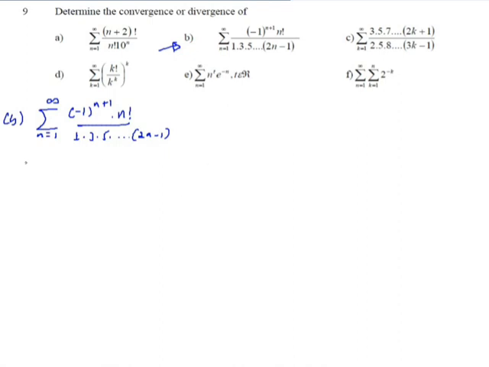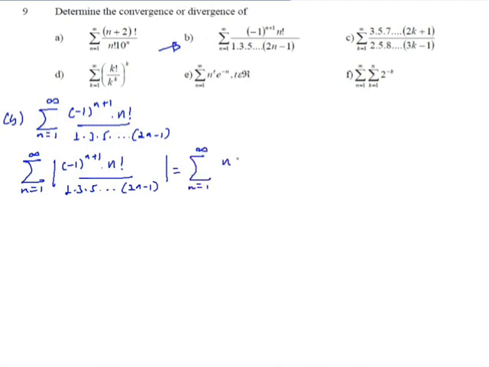So let's take the absolute value of this series. This is the same as the series n from 1 to infinity of n factorial over 1 times 3 times 5 times up to 2n minus 1.